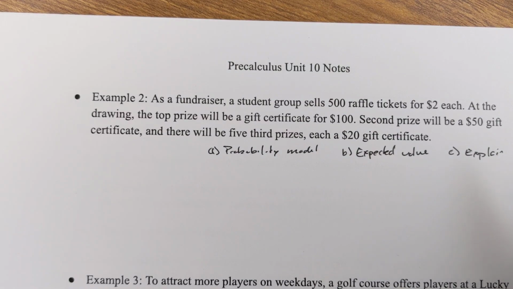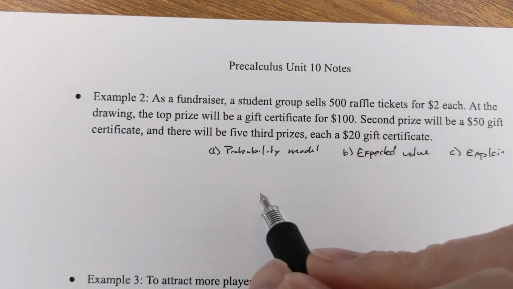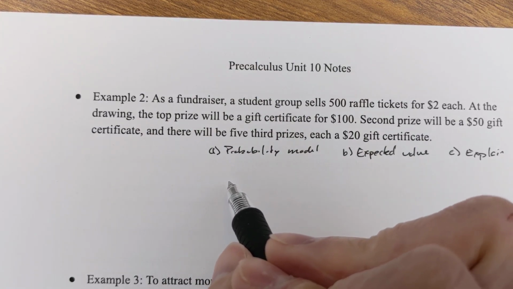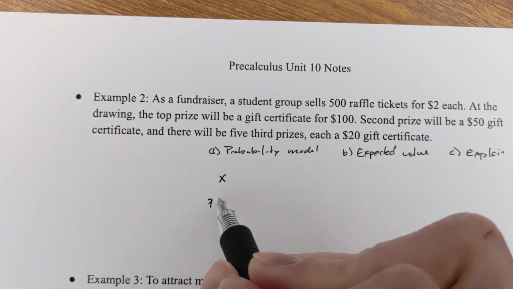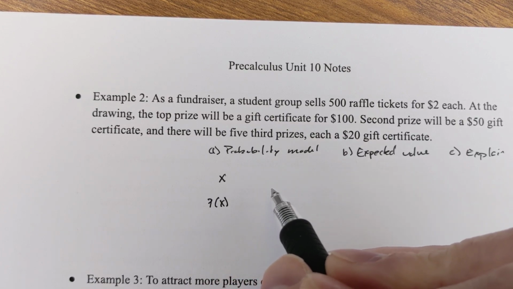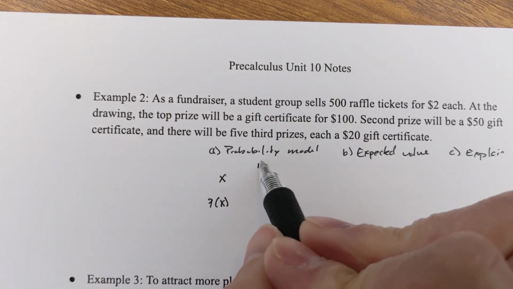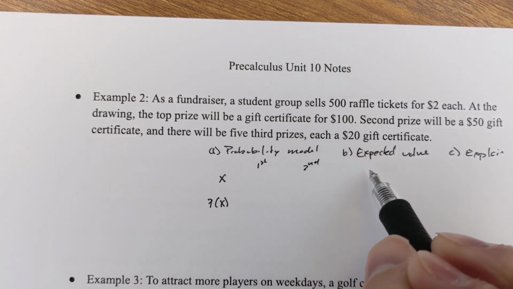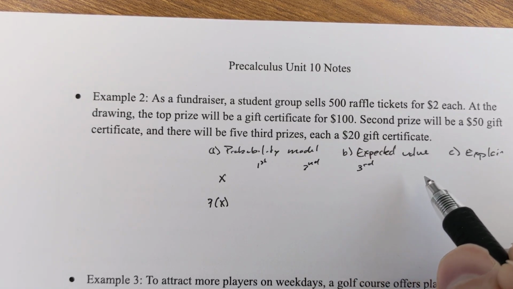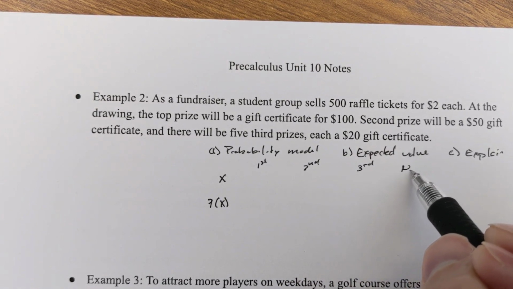So let's see here. For the probability model, we'll say X and then p(X). First you have first prize, second, third, and then no prize.